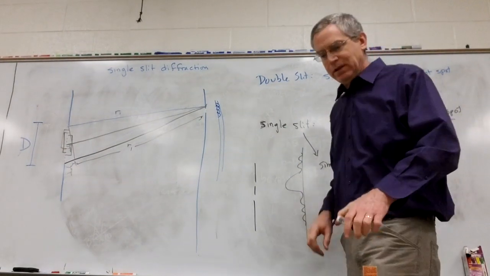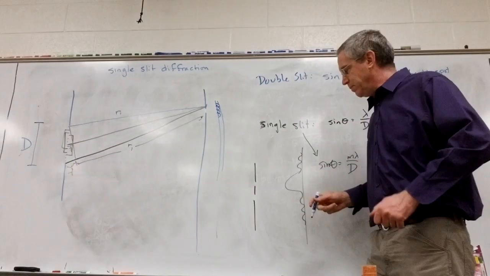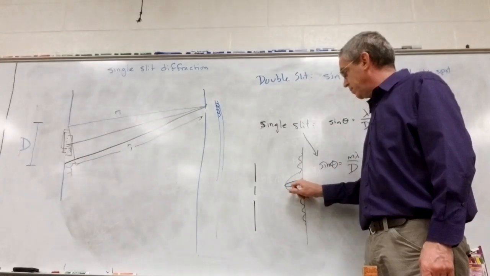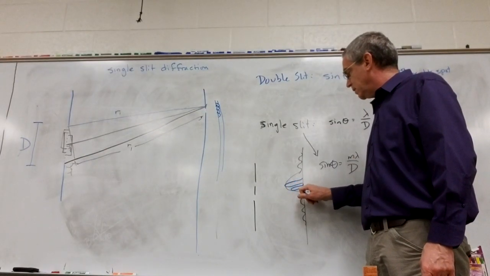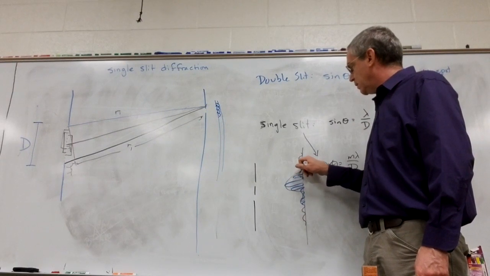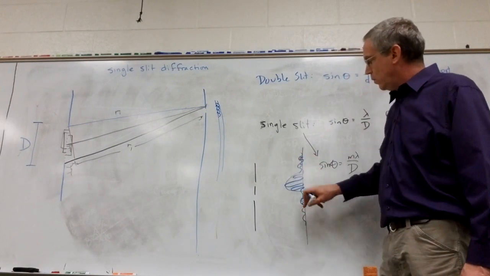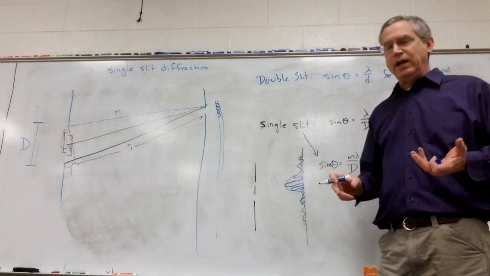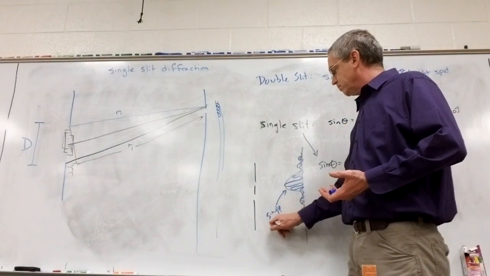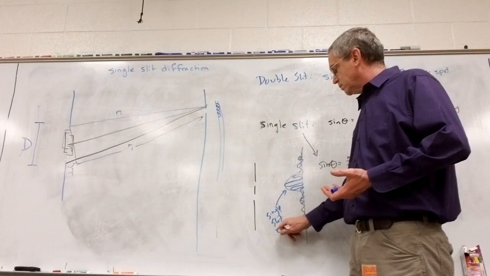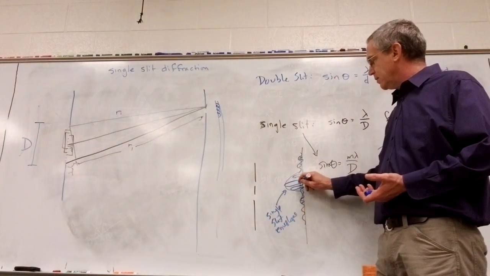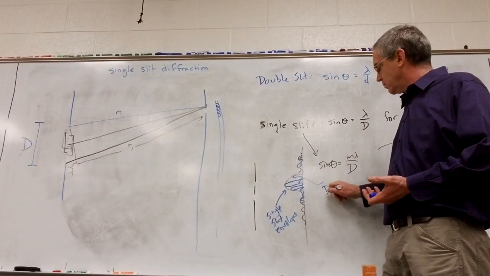The double slit basically produces far more frequent bright spots. So the single slit creates what's called an envelope. This is a single slit envelope. And there would be a double slit pattern mixed in there.